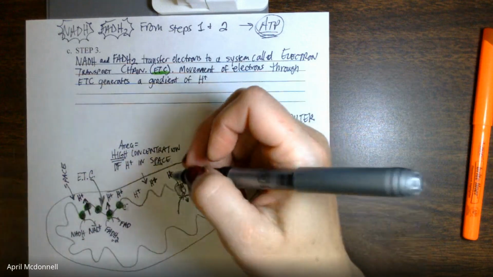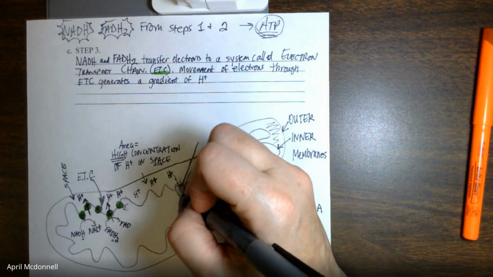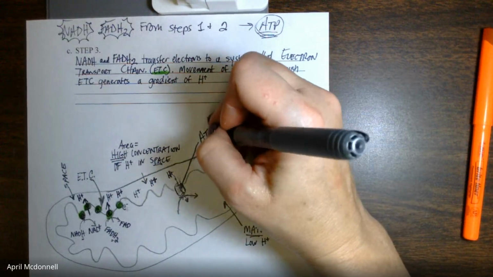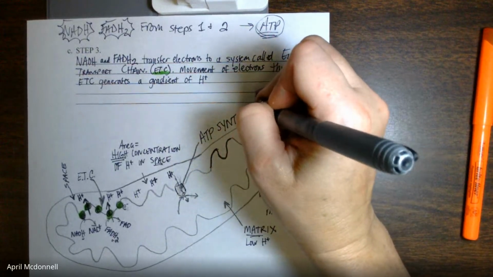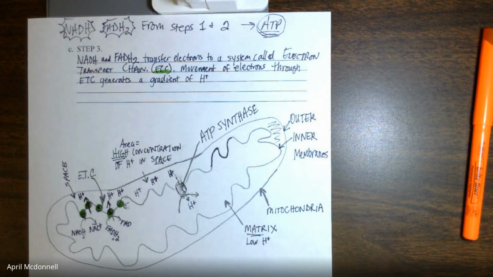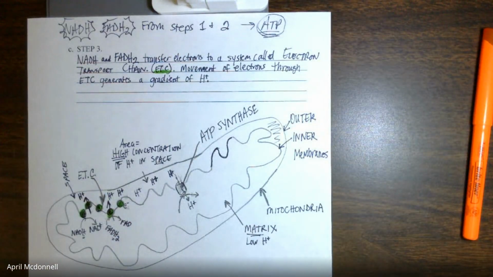So the hydrogen ions will move through a structure that is embedded in the inner membrane, and this structure is going to be called ATP synthase. The diffusion of hydrogen ions through ATP synthase is going to be called chemiosmosis.